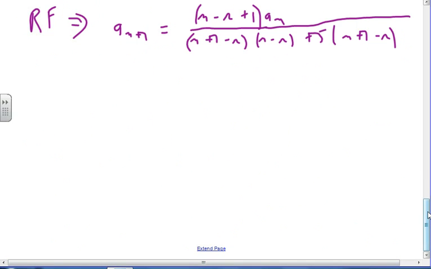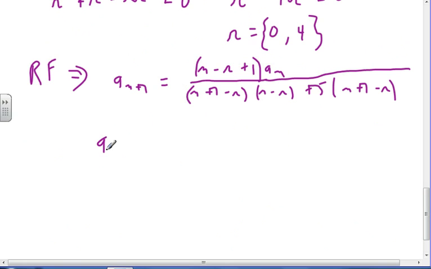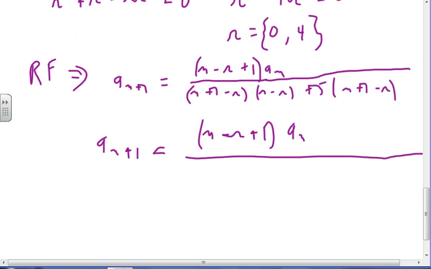And it'll take a little bit of time to make it look pretty. A n plus 1 equals n minus r plus 1 a n. And I'm doing anything but making it look pretty. Okay, now I've got an n squared. I've got a n minus r minus nr.